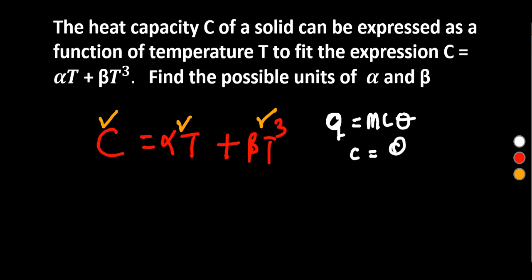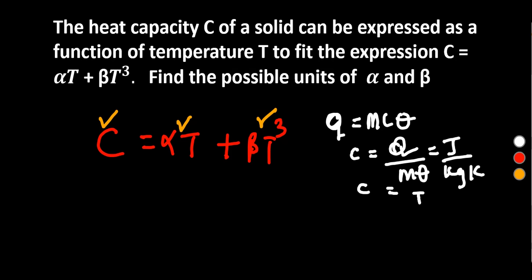If we make c the subject of the formula, this is Q upon m theta. So that gives us joule, this is mass, kg, and this is temperature, Kelvin. So we have that c equals joule per kilogram per Kelvin.